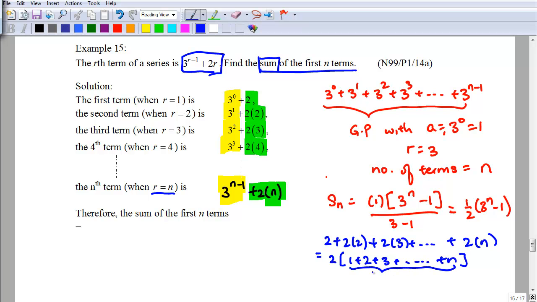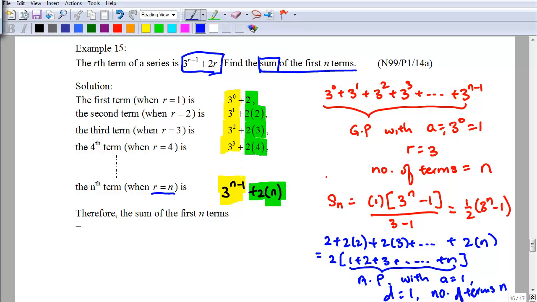Hey, we actually have an AP with first term a as 1, common difference as 1, number of terms as n.